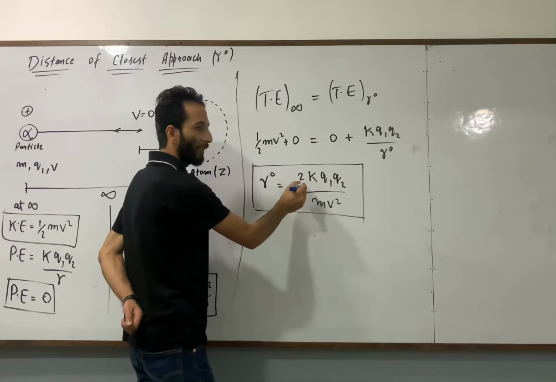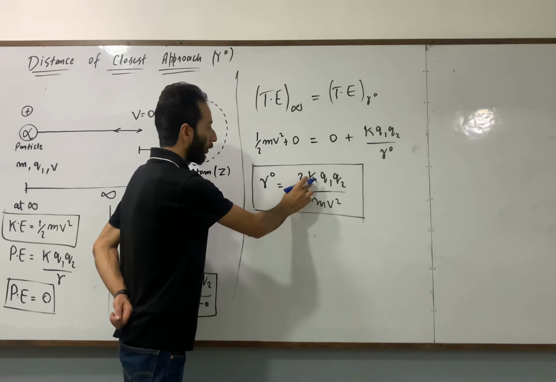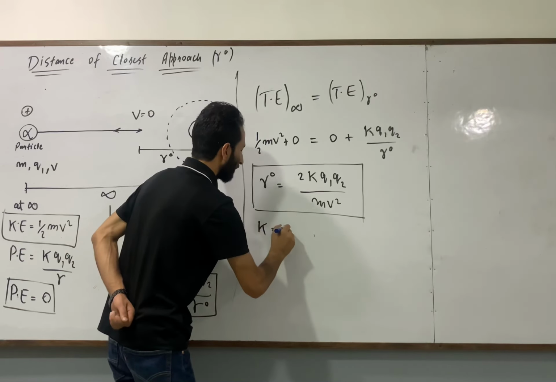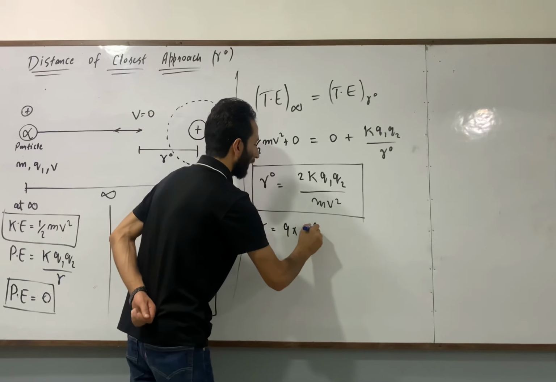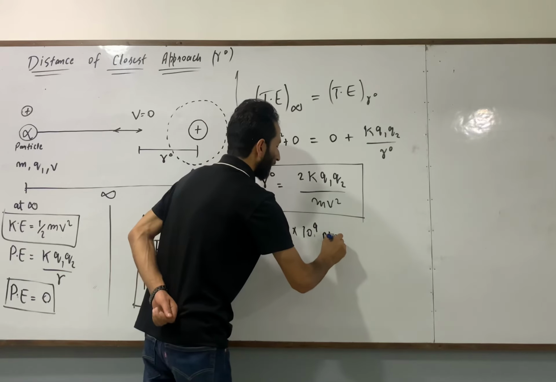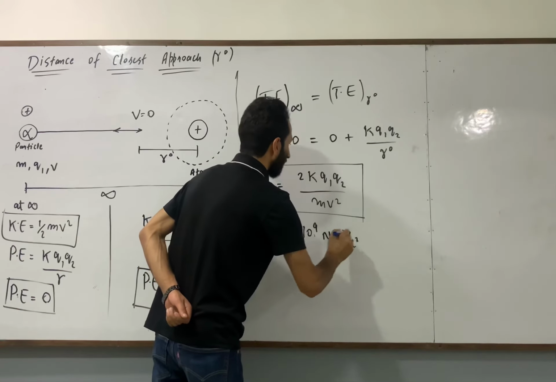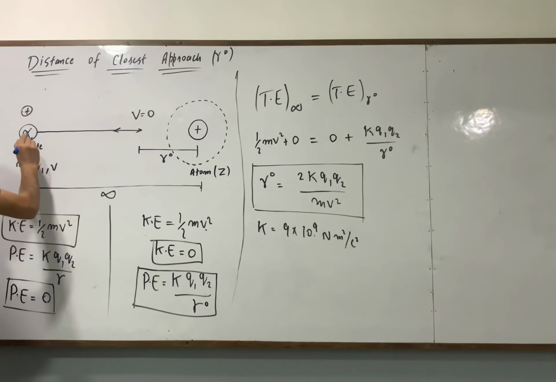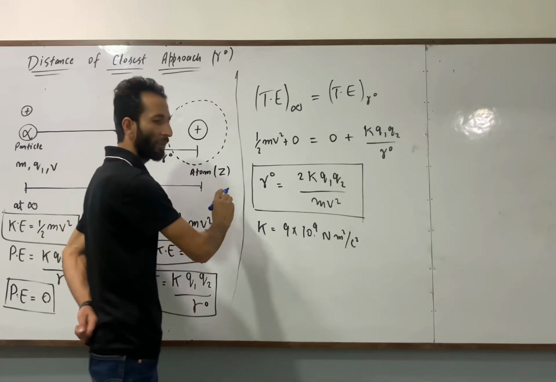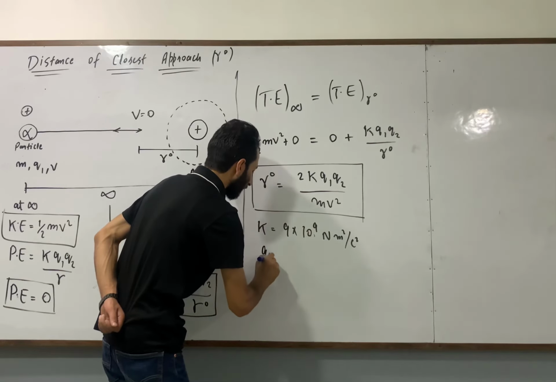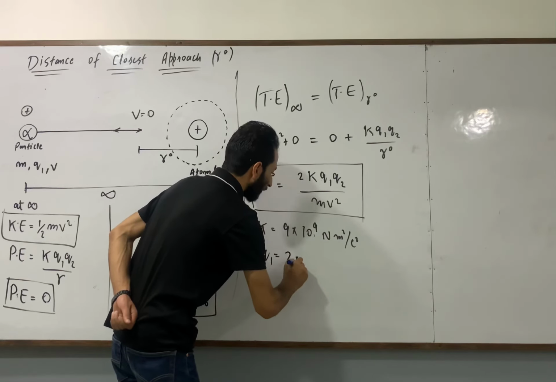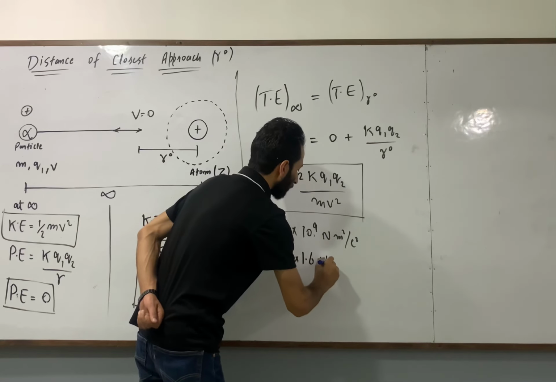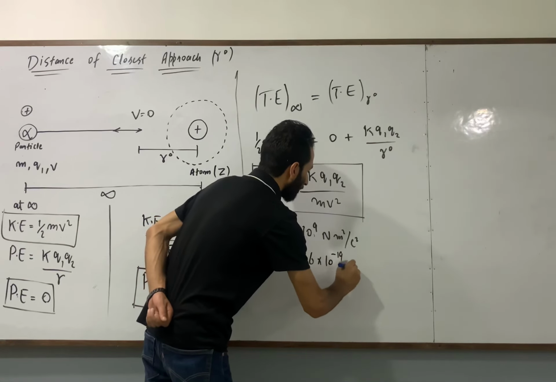Here k in this expression is Coulomb's constant. Its value can be used as 9 into 10 to the power 9 newton meter square per coulomb square. Also we can use the value of q1. q1 is the charge of the alpha particle, which is equal to twice the charge of a proton, so q1 equals 2 into the charge of a proton. The charge of a proton is 1.6 into 10 to the power minus 19 coulomb.